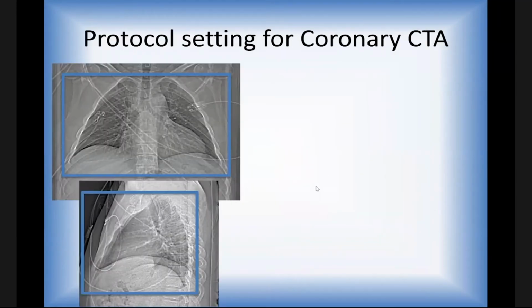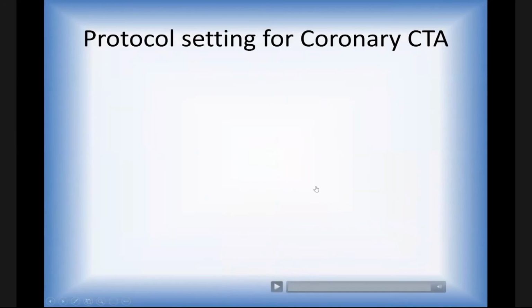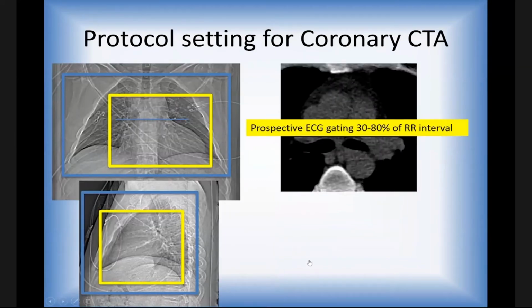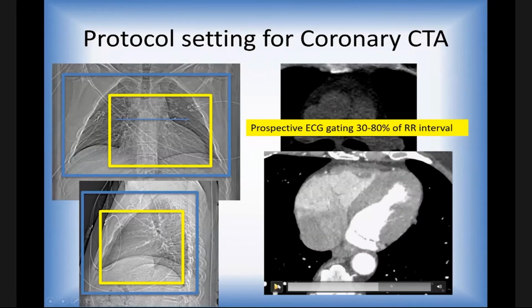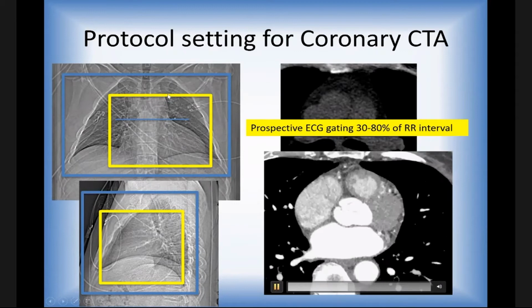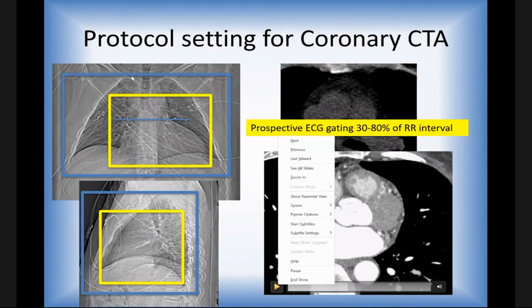So how do we do it? We normally scan the patient from the lung, not from the epiphysis, actually from the border of the aortic arch and down to cover the diaphragm, or we just have to guess where the base of the heart will go.